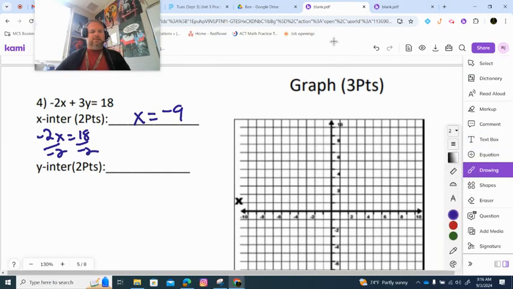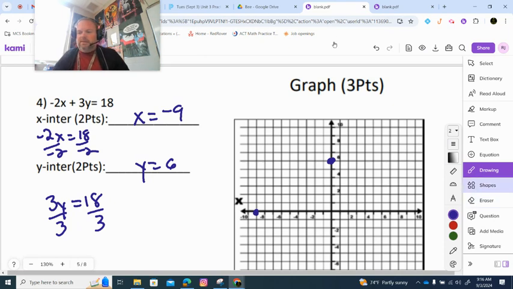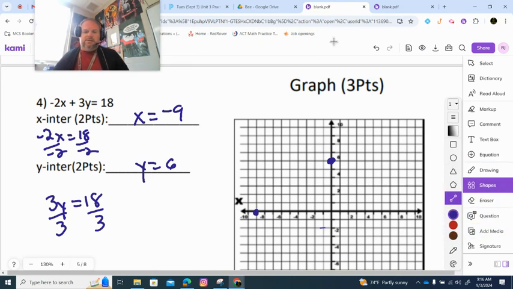And then so negative 9 is here. 6 is here. 1, 2, 3, 4, 5, 6. Yep.